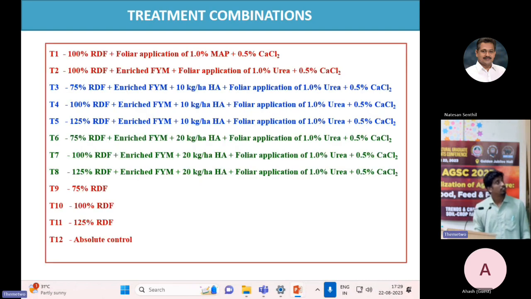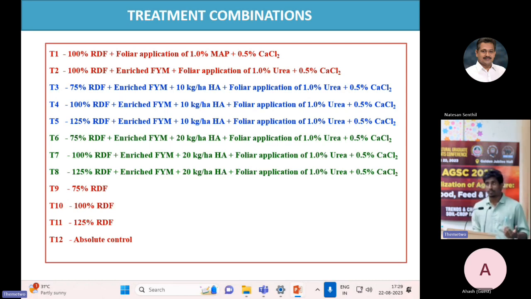My treatment combinations are: T1, 100% RDF with foliar application of 1% MAP and 0.5% calcium chloride; T2, 100% RDF plus enriched FYM, along with foliar application of 1% urea and 0.5% calcium chloride; and T3, 75% of RDF along with enriched FYM and 10 kg humic acid, and foliar application of 1% urea and 0.5% calcium chloride.